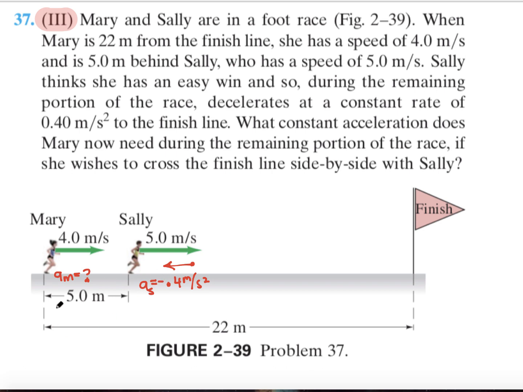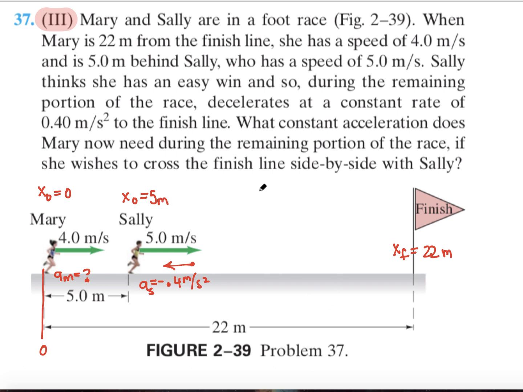So I'm going to point out that Mary here is at the origin. This is our 0 mark. So Sally is at the 5 meter mark. So Mary's initial position is 0, while Sally's is 5. Now we know that both of them have the same final position because they're both going to finish at the 22 meter mark.